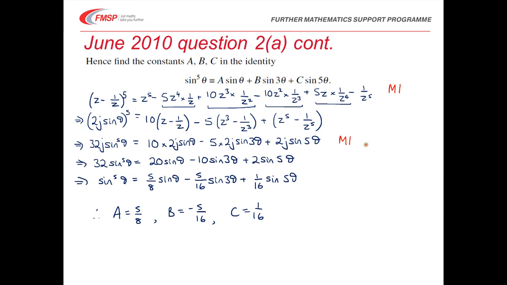And an accuracy mark for the right hand side there. And then an accuracy mark with follow through from the previous part for division by 32j to get your values of A, B and C.